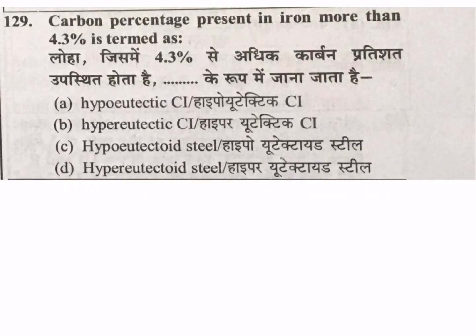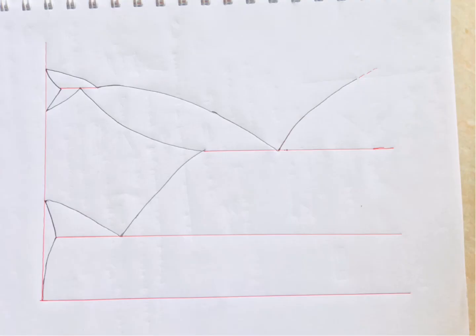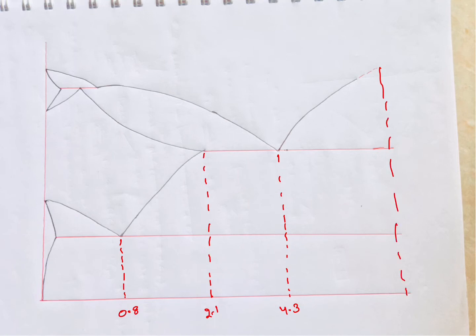Next question, carbon percentage present in iron more than 4.3% is termed as? So again iron carbon diagram we will discuss. 0.8% carbon, then 2.1%, 4.3%, finally 6.67%.